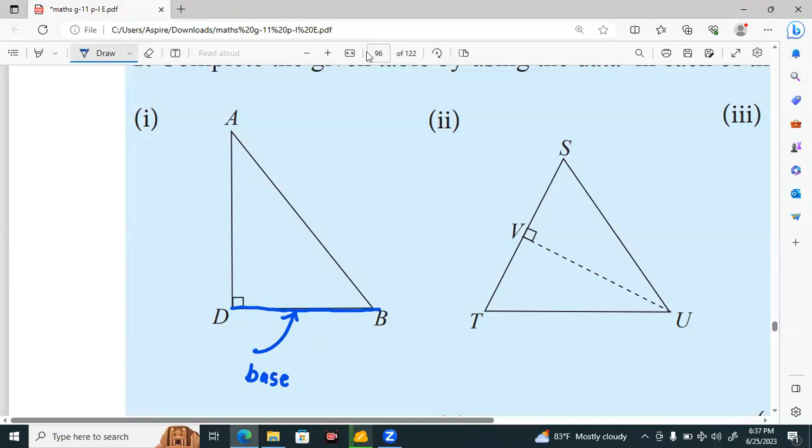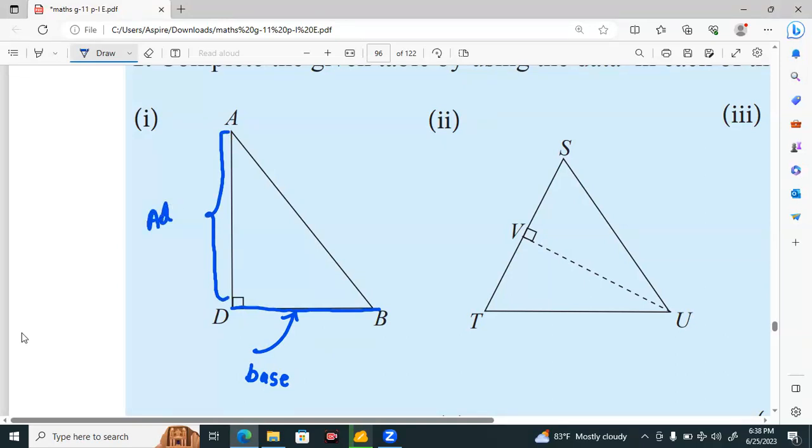Name it. What is the corresponding perpendicular height? Yes, what is it? AD. Corresponding perpendicular height is AD.